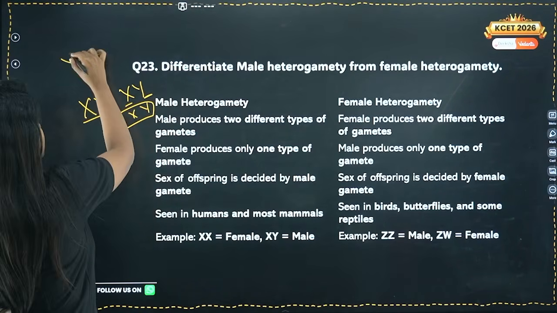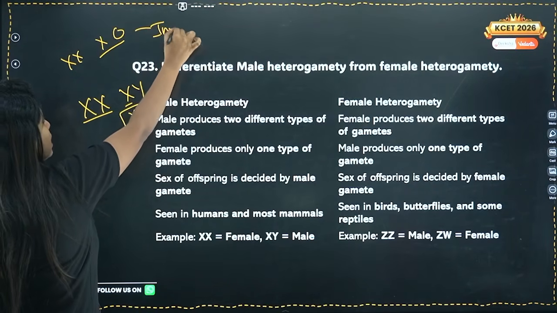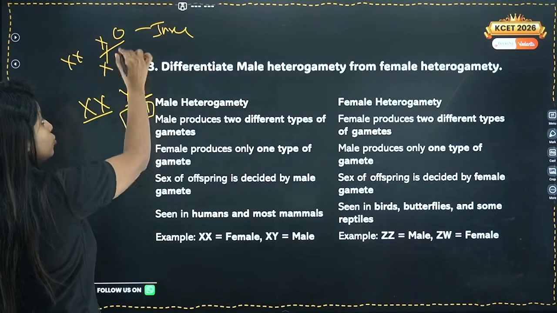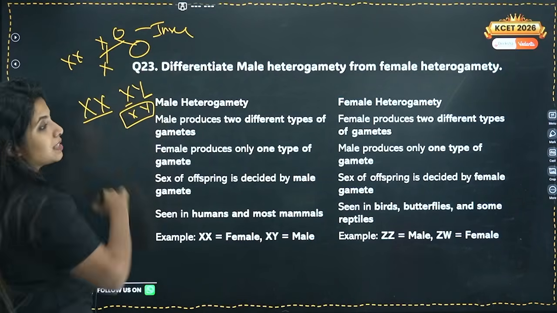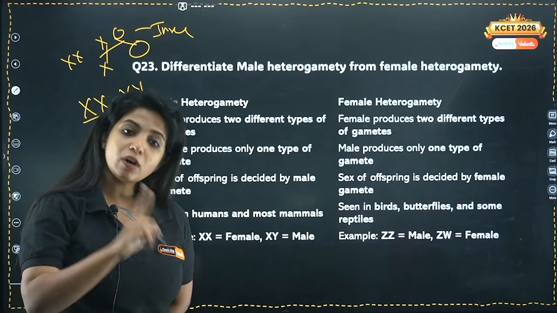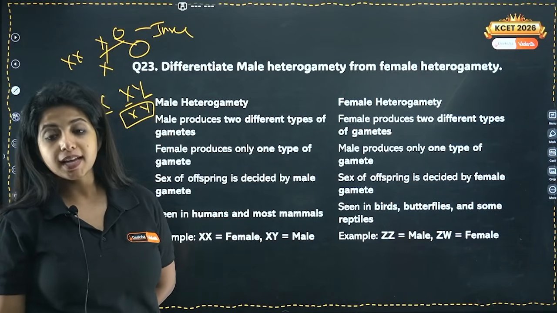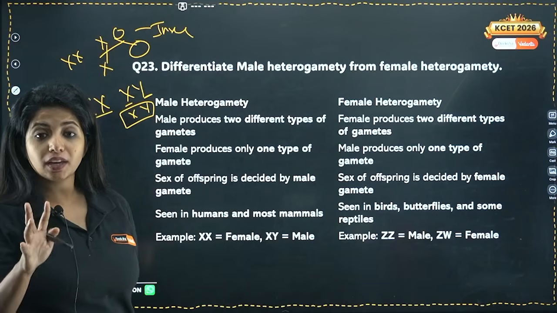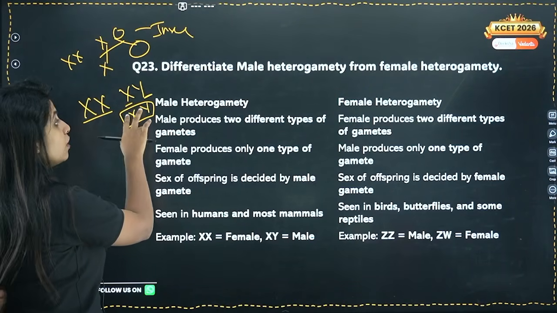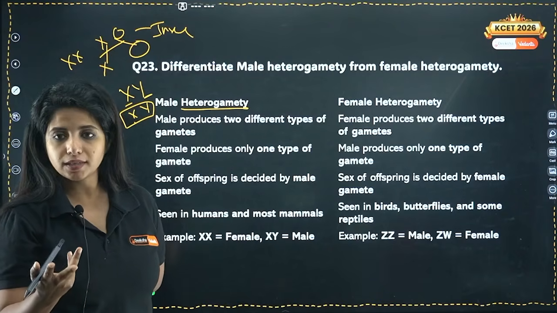Now there is one more condition, XO. This is seen in insects, where again the male produces either an X chromosome or has nothing, no sex chromosome in the cell. So two types of gametes, one with the X chromosome, one with no sex chromosome. That is seen in the case of insects.